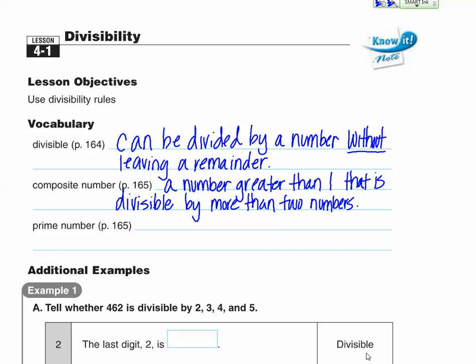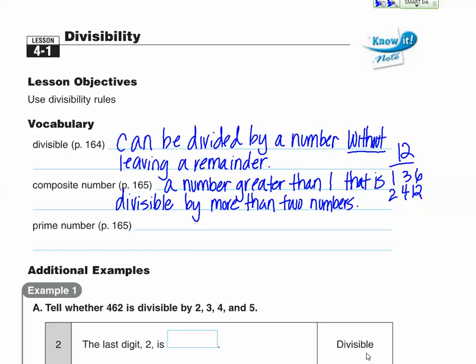So one thing we learned in elementary school were factors, which are numbers that when you multiply create a number. But if I had the number 12 and I think of all the numbers that 12 is divisible by, in other words, numbers that go evenly into 12, I would have 1, 2, 3, 4, 6, and 12.